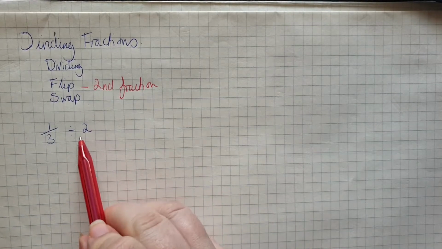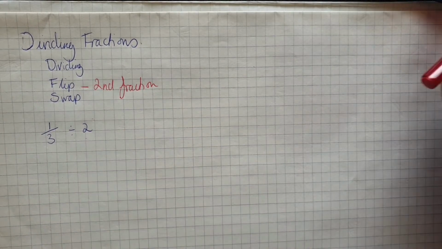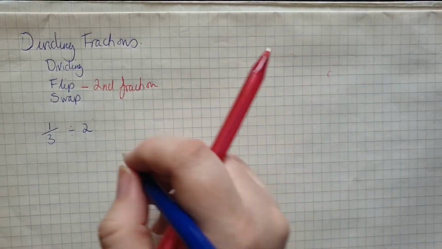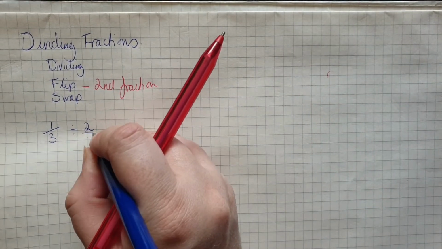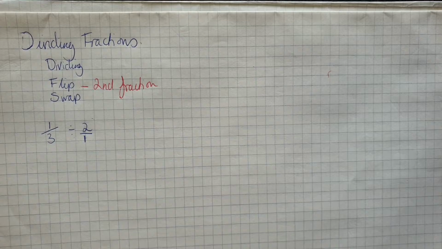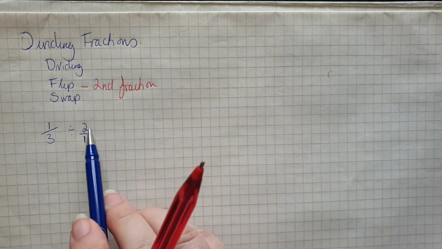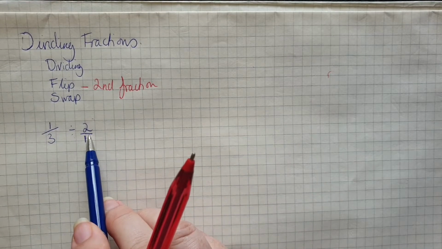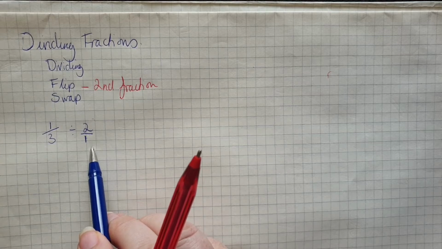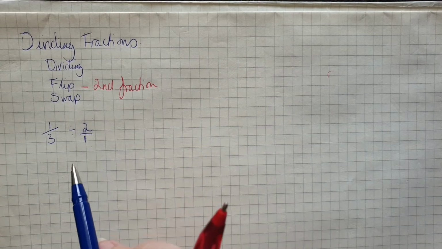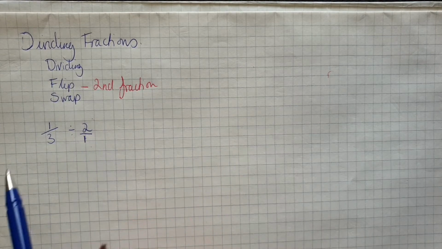Looking at this, this is just a whole number, but if we take that 2 and divide it by 1, that does not change the size of the 2. It's still the same physical number, but this is now turned into a fraction.